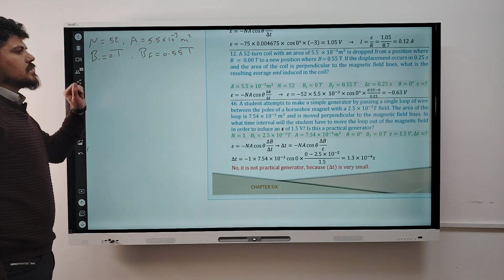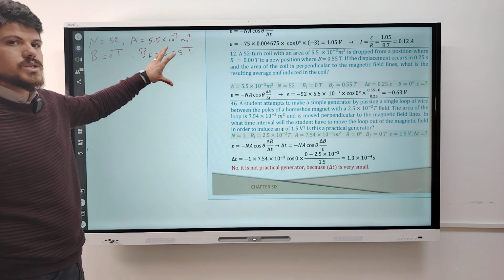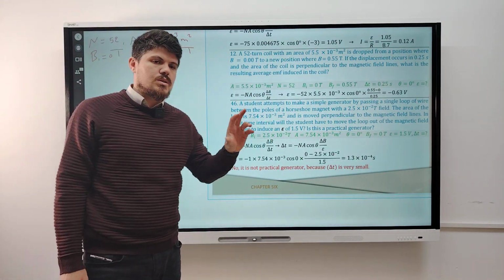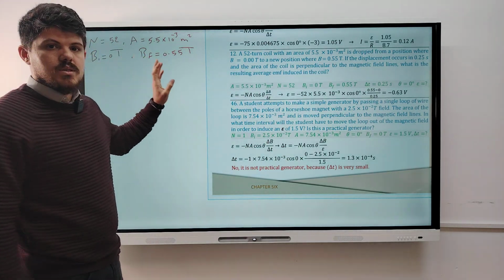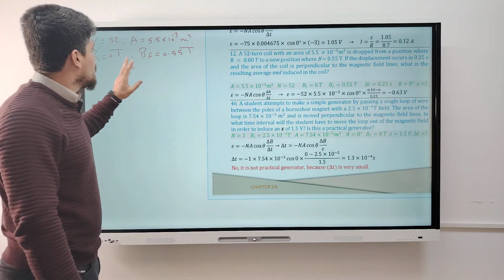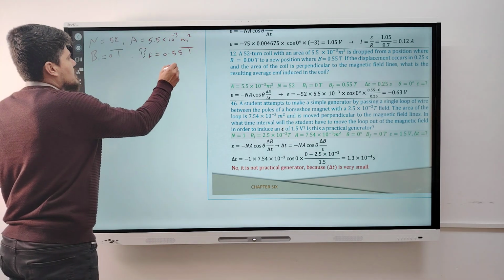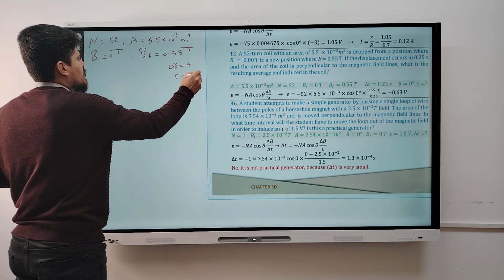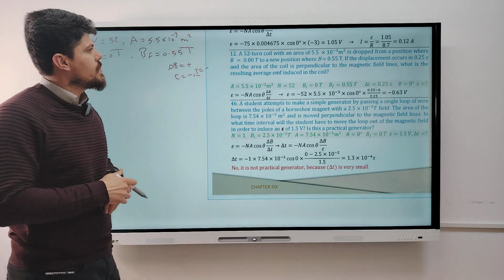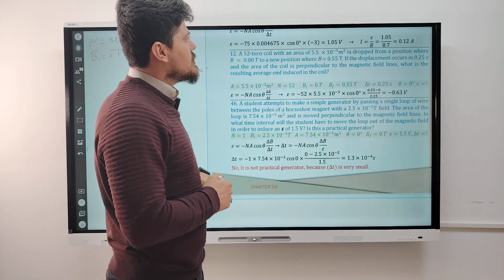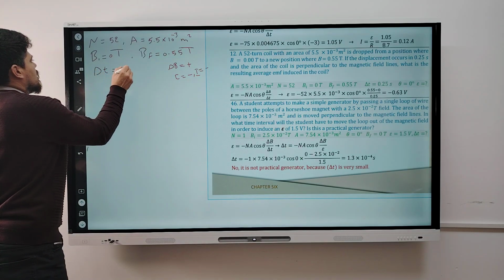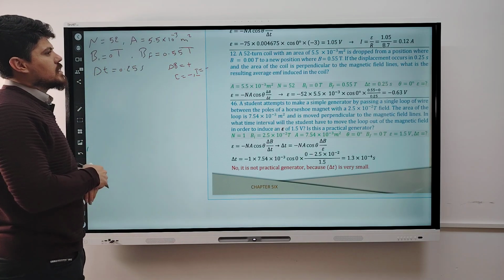What happened to the magnetic field? The magnetic field changed, and this change is an increase. When the magnetic field increases, delta B is positive, EMF negative, current negative. If the displacement occurs in 0.25 second, delta T is 0.25 second.